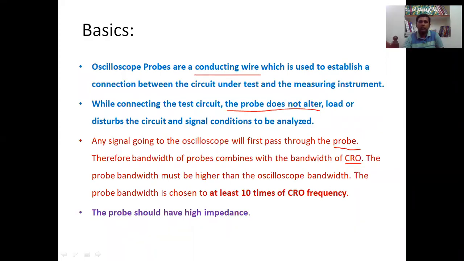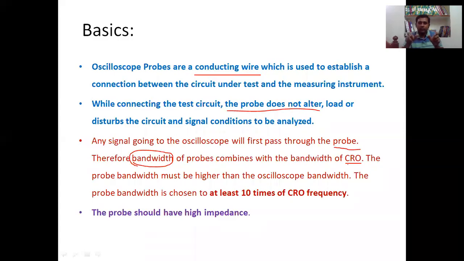And here one more specification comes into the picture, that is bandwidth. Whenever the probe is the first element, the bandwidth of the probe combines with the bandwidth of the CRO. So first we connect one end of the probe with the circuit output, then it carries the signal.